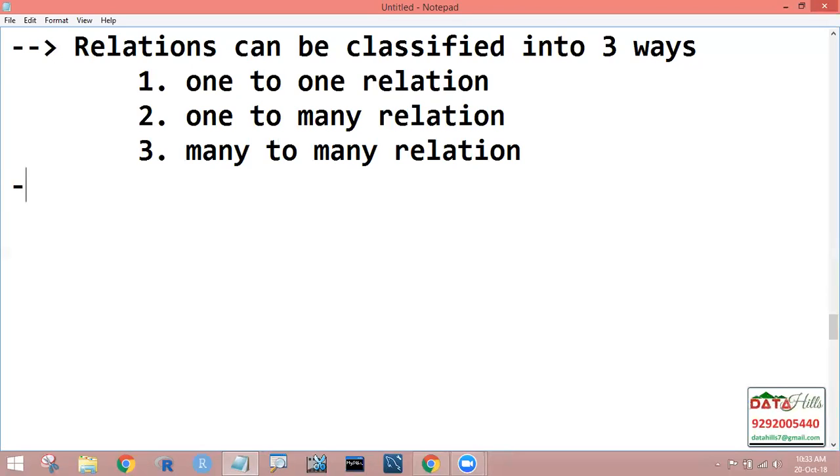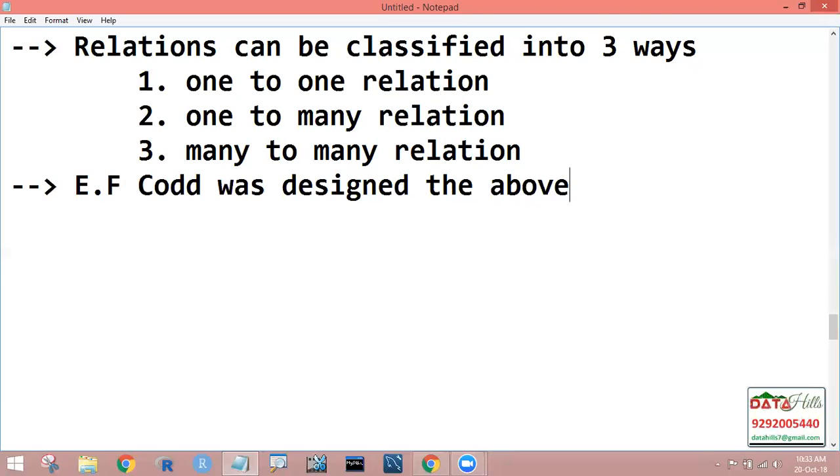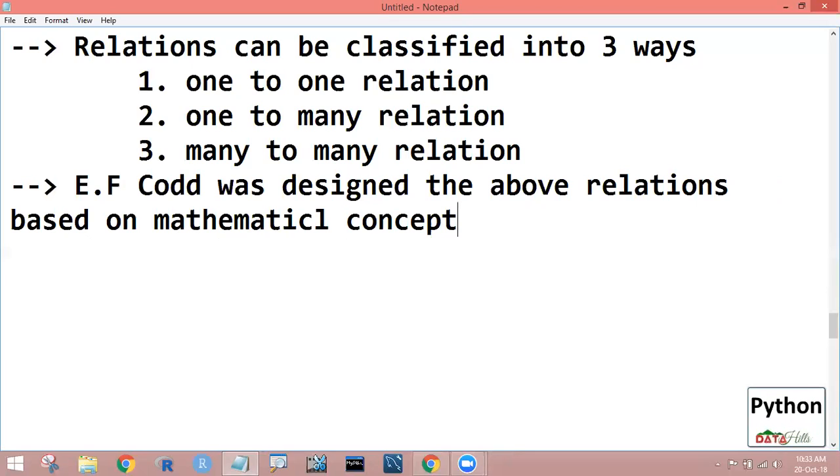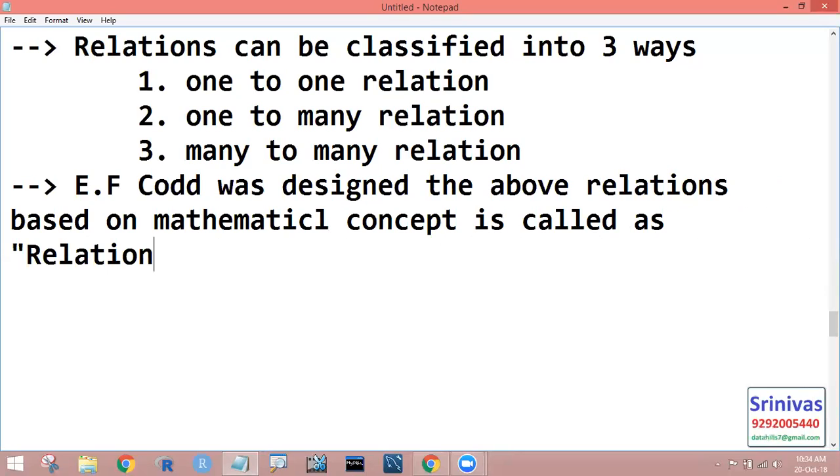Now let us observe this E.F. Codd design. E.F. Codd designed the above three relations, one-to-one, one-to-many, and many-to-many, based on a mathematical concept called relational algebra.